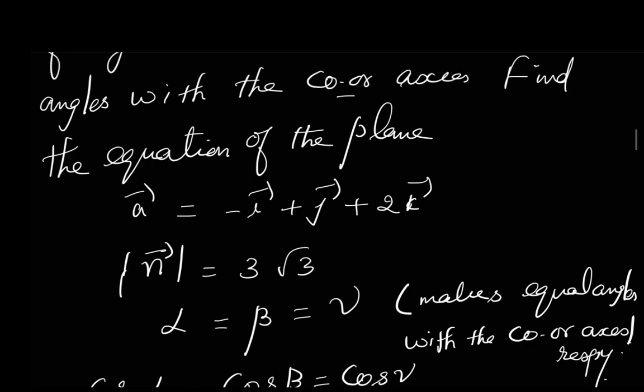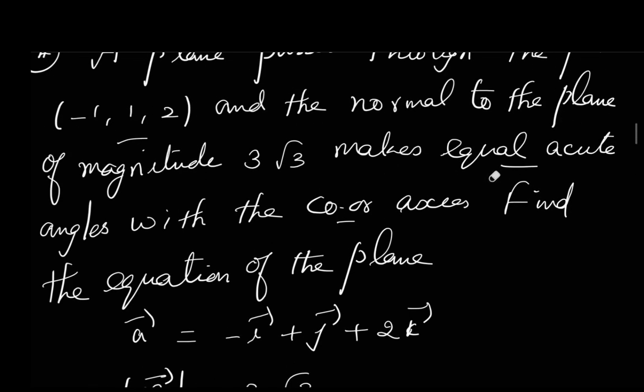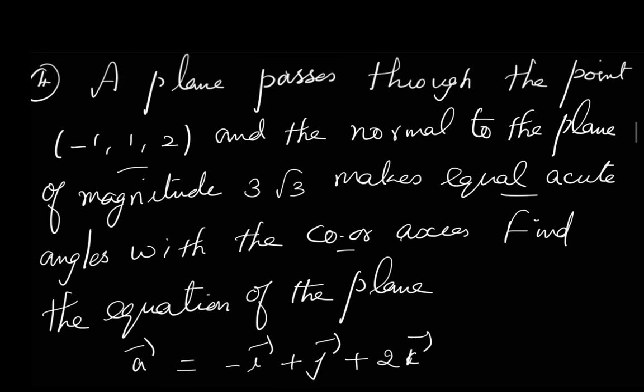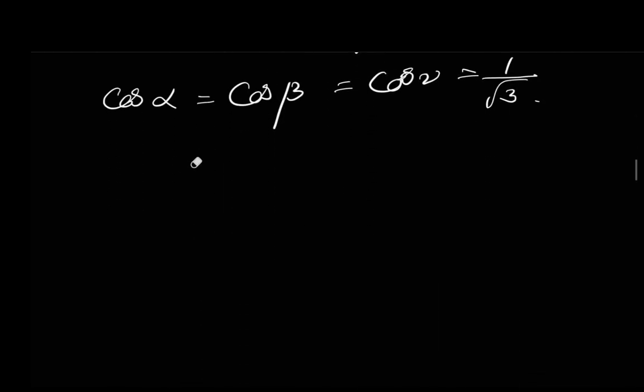We have taken the concept here: it makes equal acute angles with the coordinate axes. Which one? The normal vector. So what about the unit normal vector here? The unit normal vector n cap is equal to vector n divided by modulus of vector n.